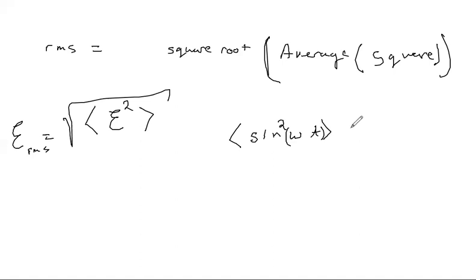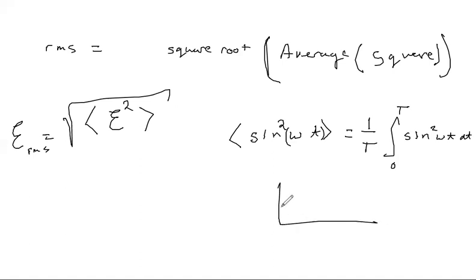So you'd say it's 1 over the period times the integral of sine of omega t squared dt from 0 to 1 period. Or you can look at the graph.